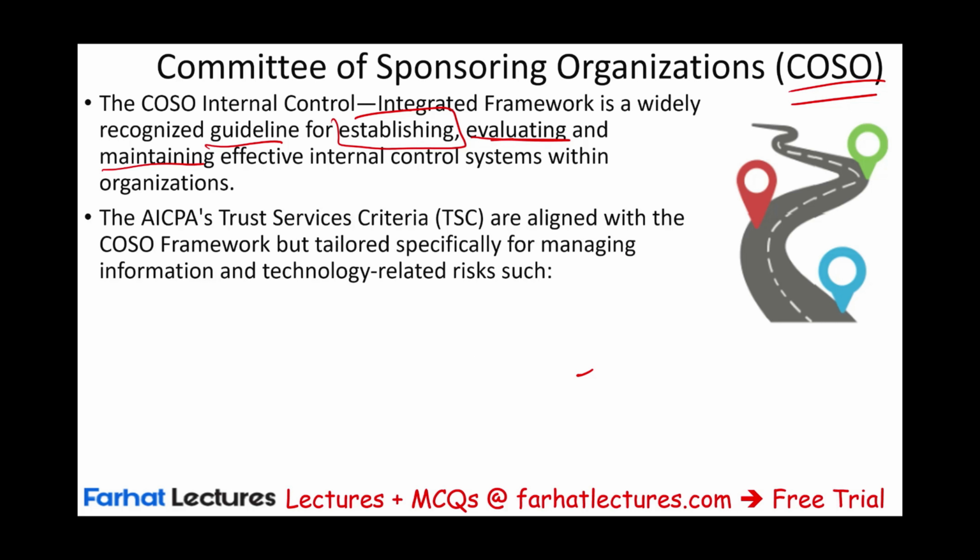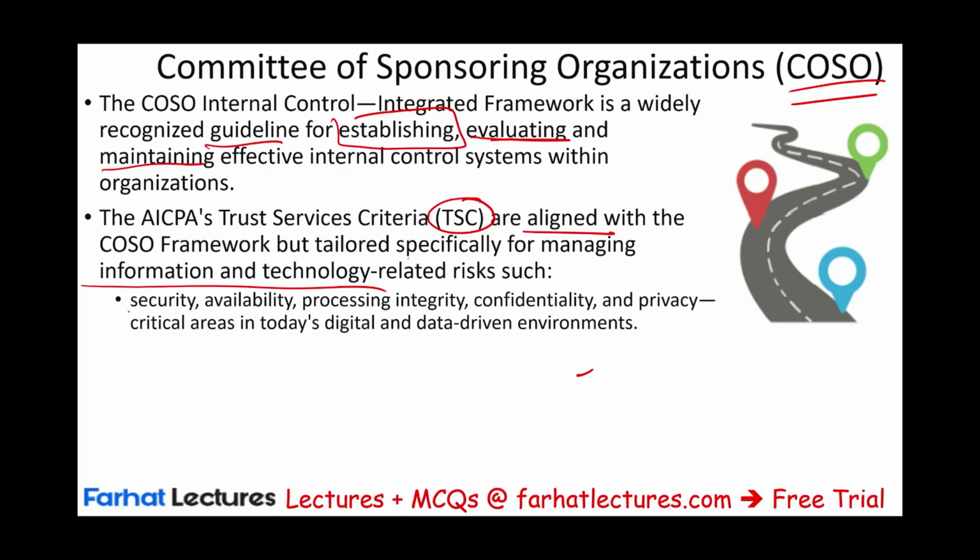The AICPA's trust services criteria that we discussed in the prior session are aligned with the COSO framework. It's not a surprise. Why? Because everyone uses COSO. Therefore, the AICPA said it's a no-brainer that we align our trust services criteria with COSO, but tailored specifically for managing information and technology, because this is what the trust services criteria focus on.